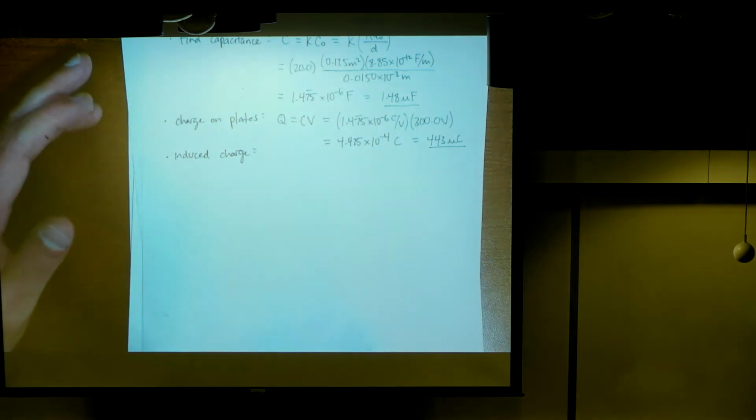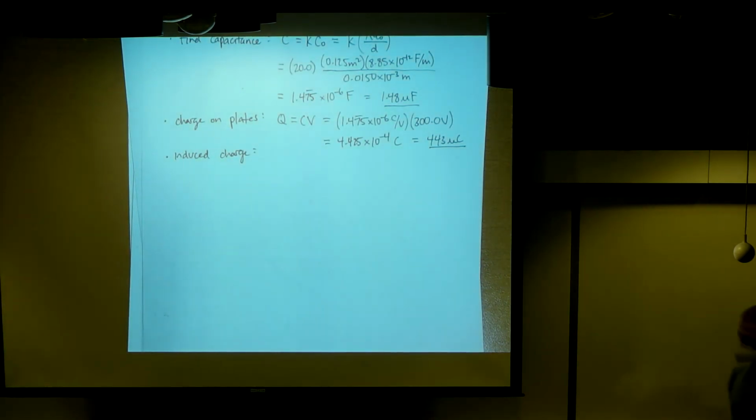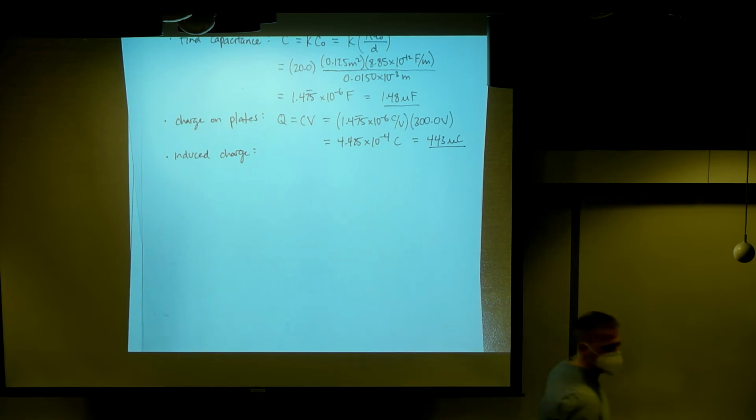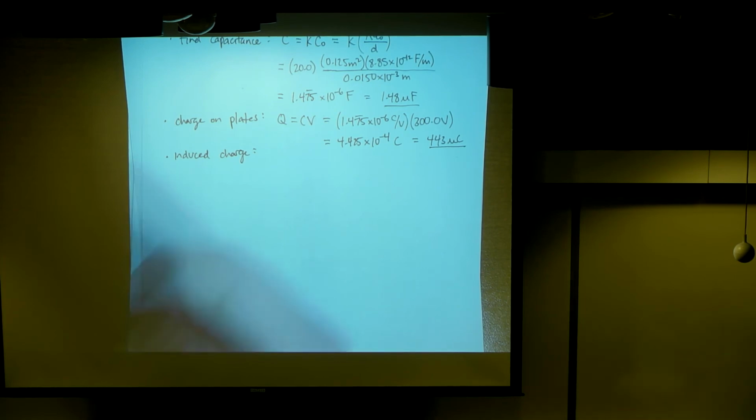I mean, to be clear, what we're talking about here is the charge that's induced on the two surfaces of the dielectric, but we know how to calculate this from our derivation before.